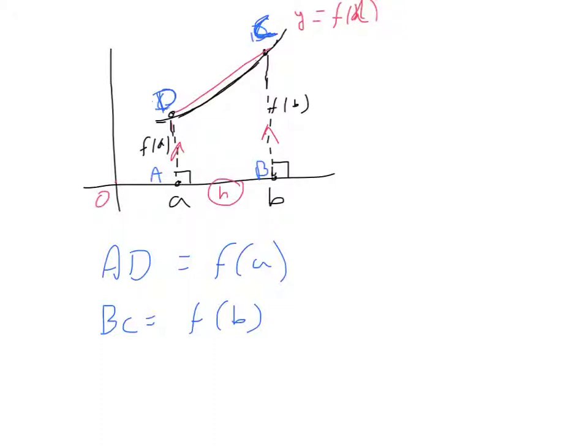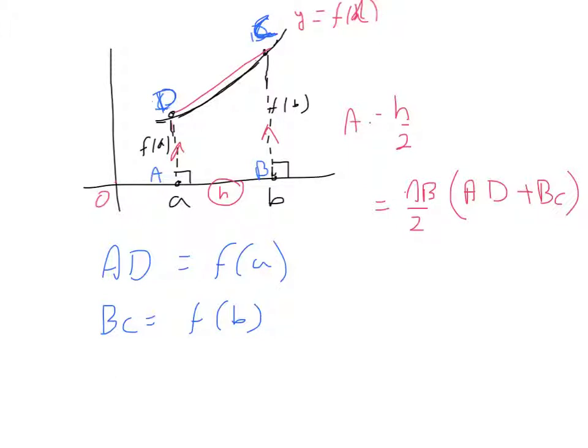So the area of trapezium ABCD would be h over 2, which in this case is AB over 2, multiplied by the sum of the lengths of the two other opposite parallel lines, which is AD plus BC. And this is exactly the area of a trapezium.